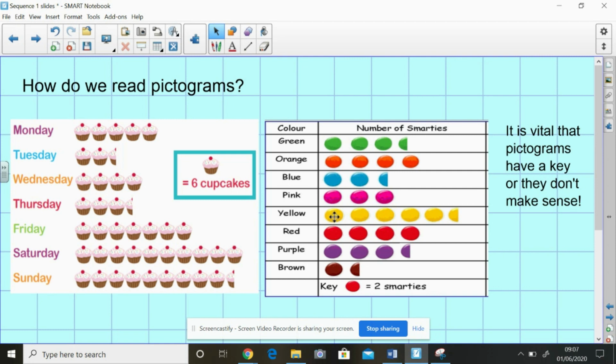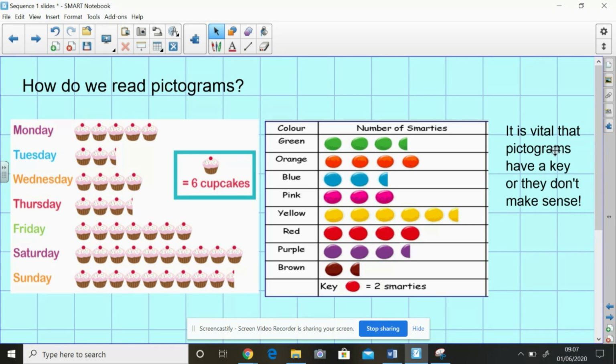So there were 2, 4, 6, 8, 10. And here we have half a Smartie, and half of a Smartie equals 1, because half of 2 is 1. So 2, 4, 6, 8, 10, 11. 11 Smarties were yellow.